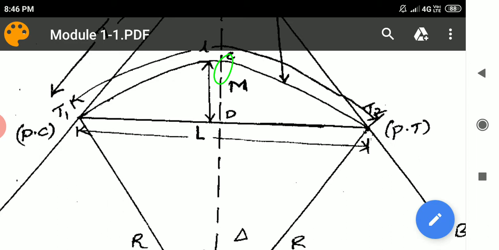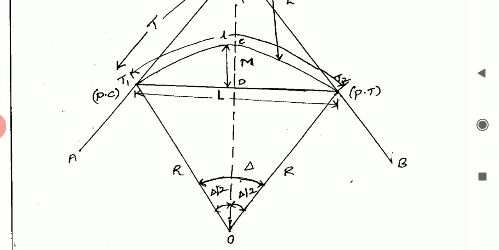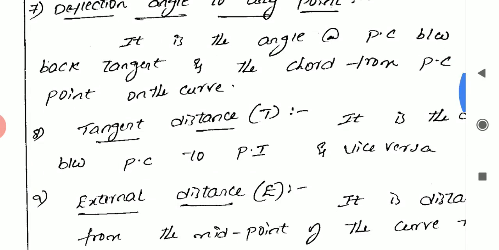Next one is the left hand curve. A curve that deflects to the left of the direction of progress of the survey is called a left hand curve. So these are all definitions related to the parts of the curve. Next, we have to solve some problems.